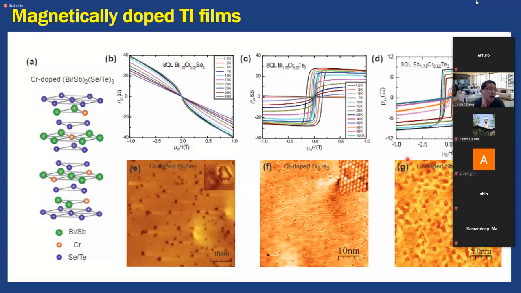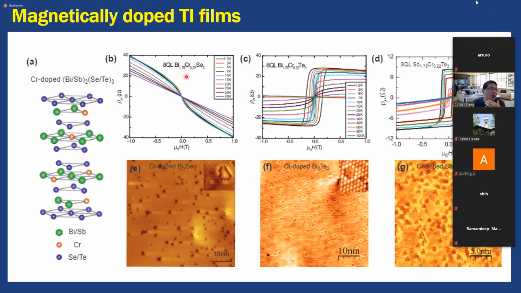We found there are only two elements that can induce the anomalous Hall effect at zero magnetic field: chromium and vanadium.